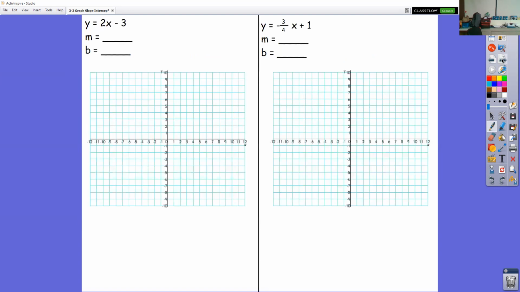So let's look at a few examples. Okay. So we have our x-axis. And then we have our y-intercept, which is where it crosses the y-axis.